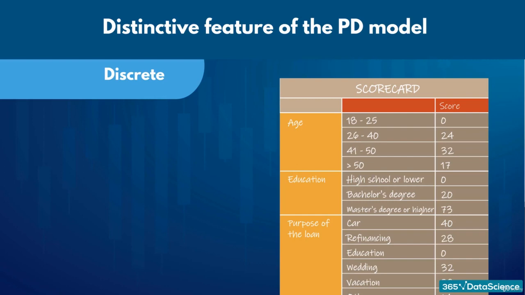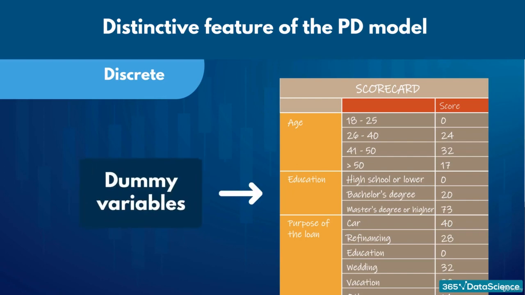Therefore, the pre-processing for the PD model will consist in transforming all independent variables into suitable categorical variables, or dummy variables. To aid us a bit, there are variables that are discrete already, like verification status. The pre-processing there would be simply to create dummy variables for each of their original categories.